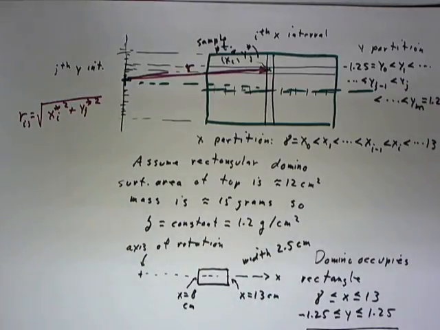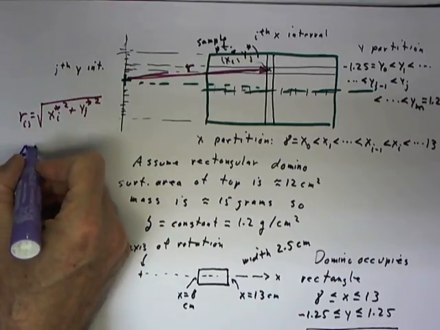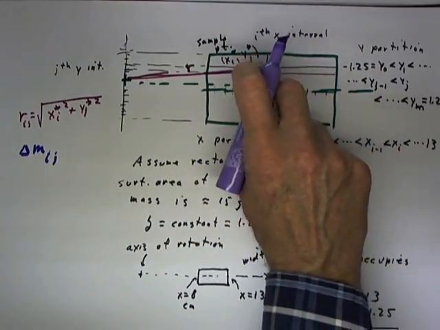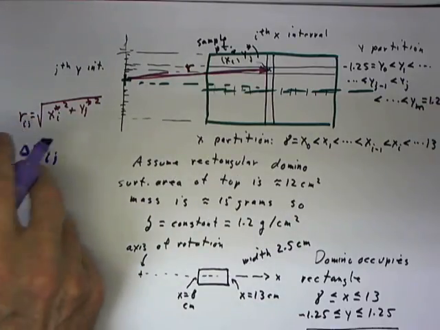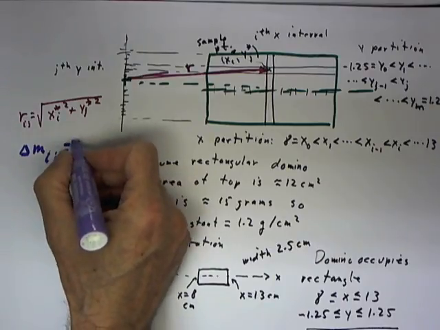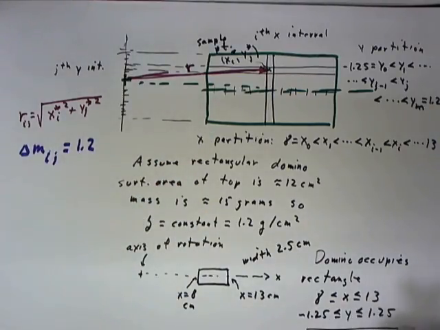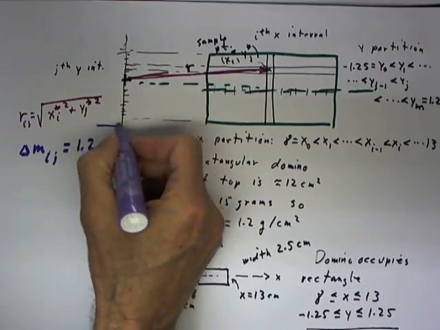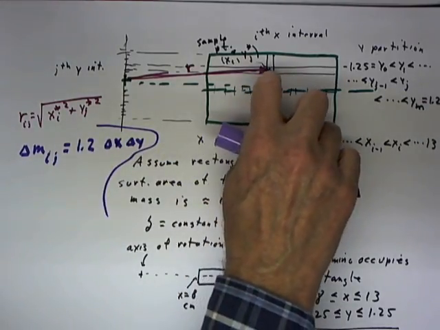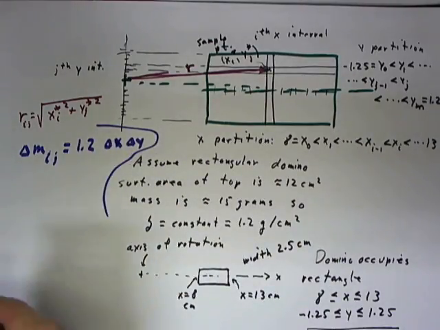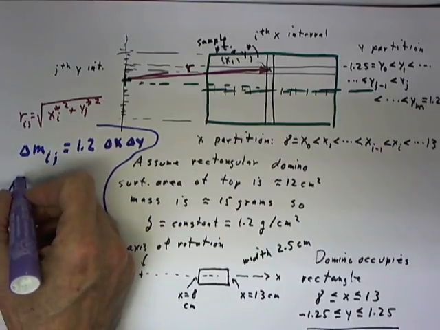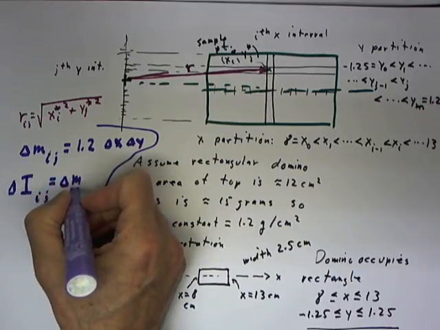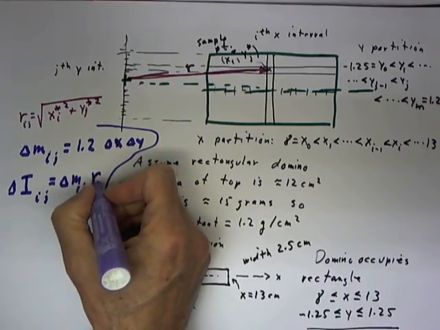It follows that our delta m ij, our contribution of this ij area increment to the mass of the domino, is going to be 1.2 grams per square centimeter, times delta x delta y, delta x and delta y being the dimensions of this increment, and that our contribution to the moment of inertia from the ij interval is delta m ij times rij squared.